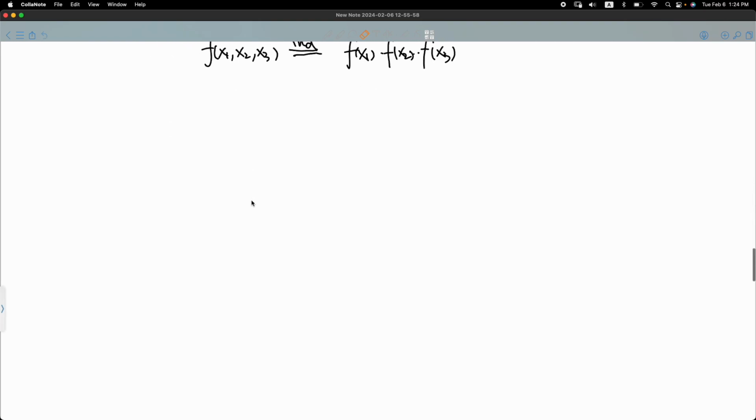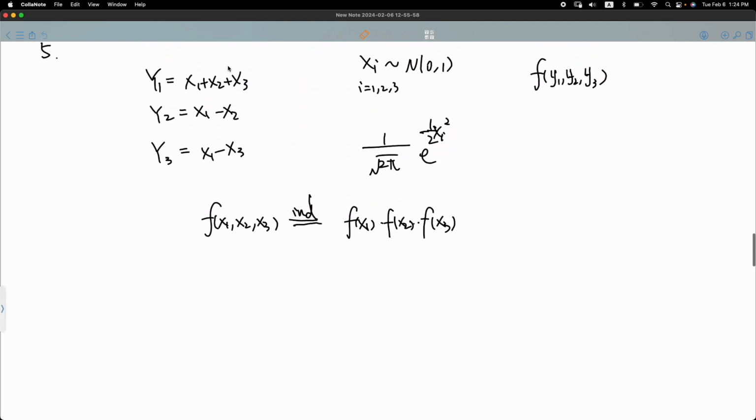For the Jacobian, we just need to find the transformation between x and y. So here we can write y2 plus y3 as 2 copies of x1 minus x2 minus x3, and then y1 plus y2 plus y3 is just 3 copies of x1, and x2, x3 cancel out.